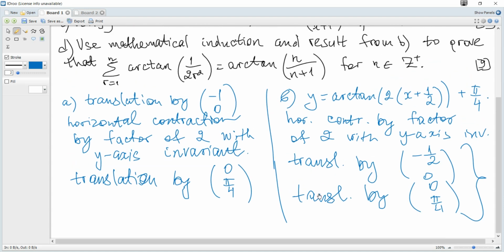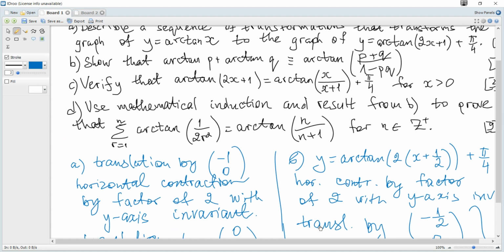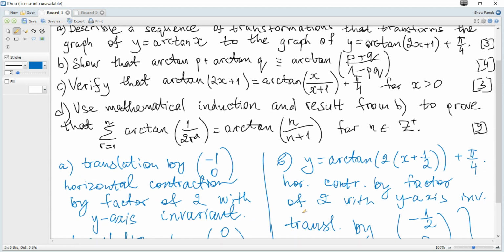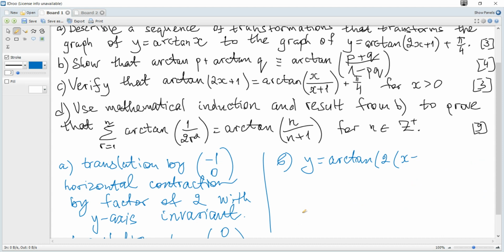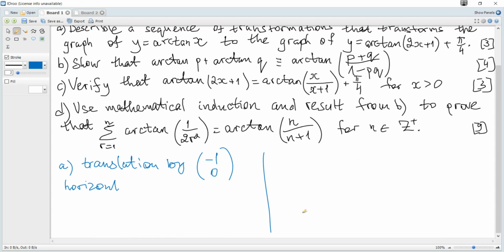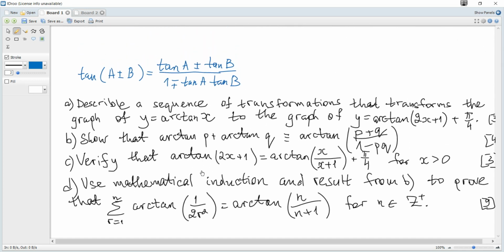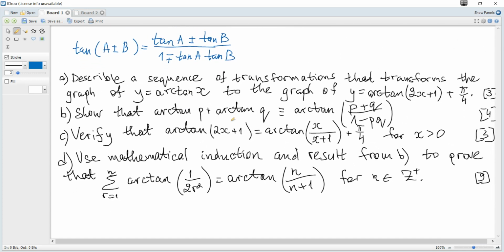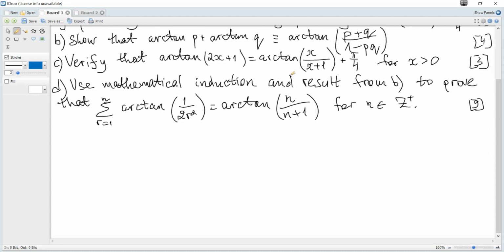And the next question shows that arctan P plus arctan Q is equal to arctan of (P plus Q) over (1 minus P multiplied by Q). And we remember that always when we meet the sum of arctangents, we can apply this formula to simplify it. This formula is given in the data booklet. So let's consider the tangent of the left hand side.